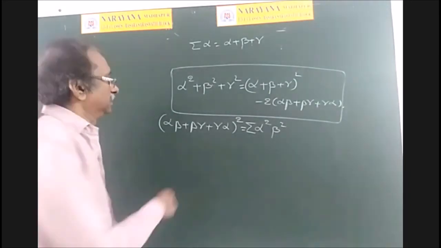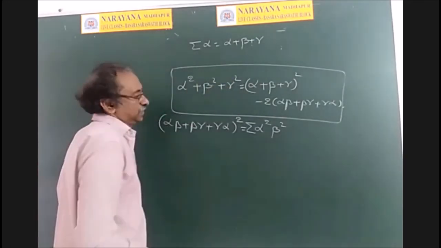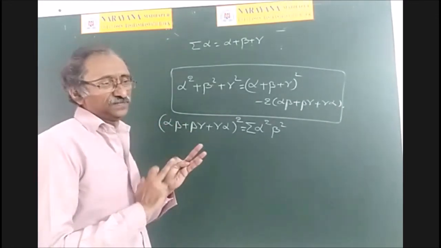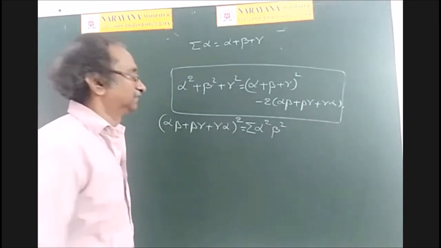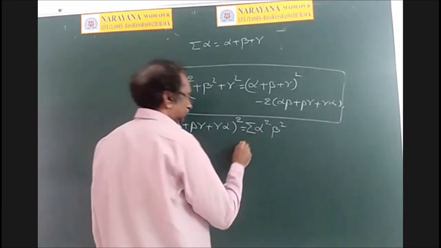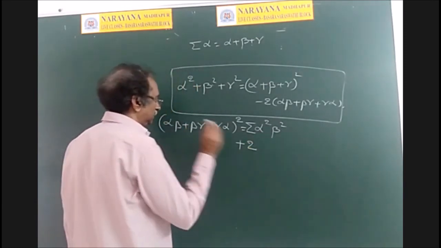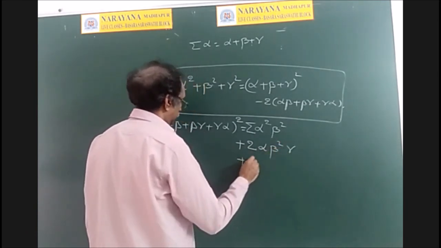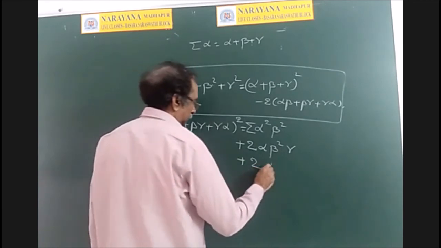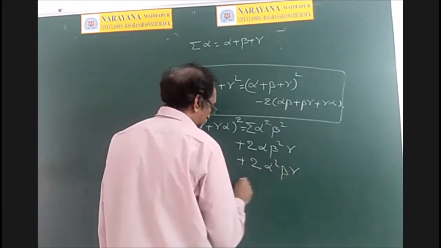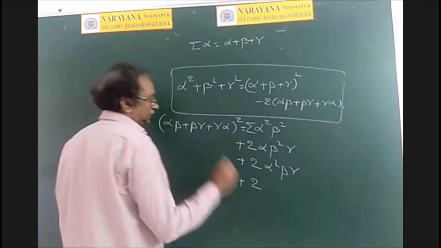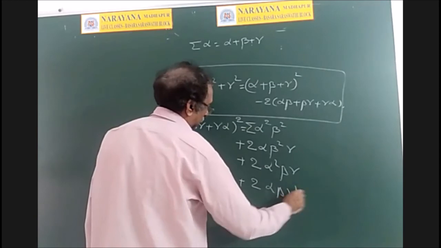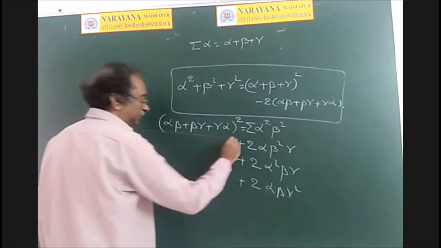Similarly, sigma alpha square beta square means alpha square beta square plus beta square gamma square plus gamma square alpha square, and after that plus 2ab alpha beta square gamma, 2ac alpha square beta gamma, 2bc alpha beta gamma square. So I am rewriting that.